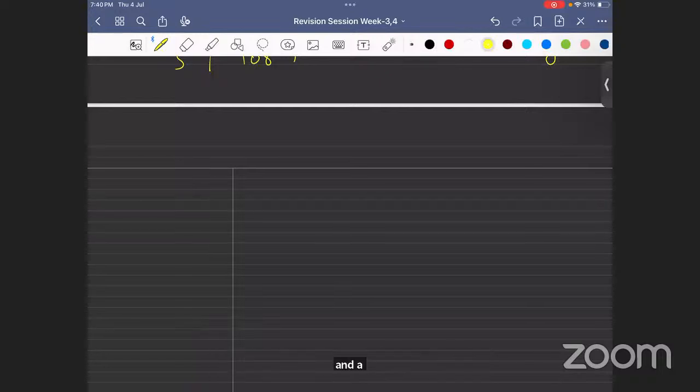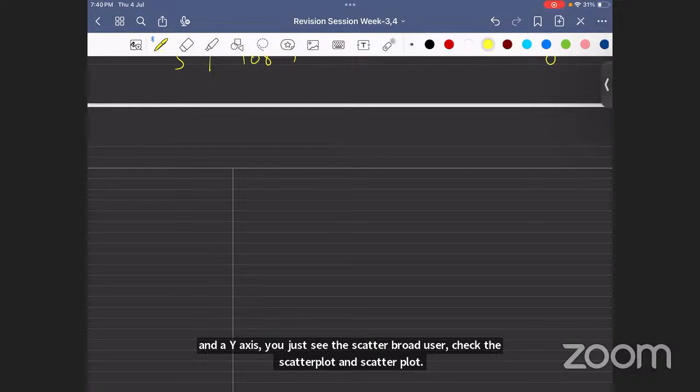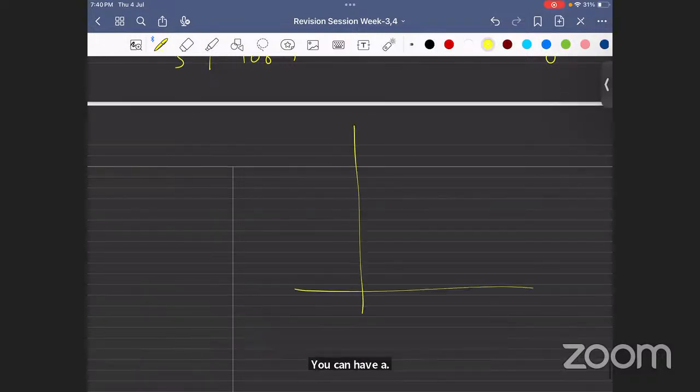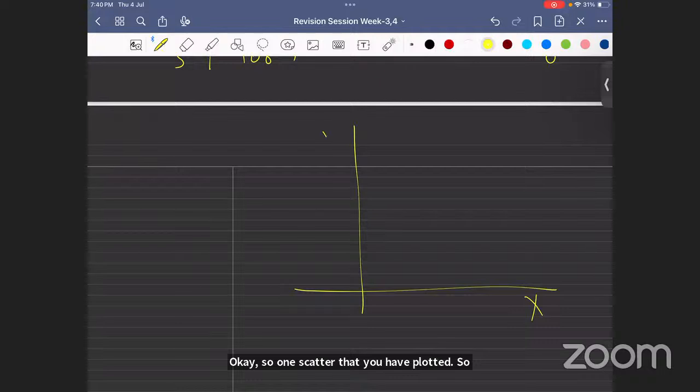In a scatter plot, you can have different types of patterns. The data points that you have plotted can be in the form of this. Some of the basic things you should know is the direction.